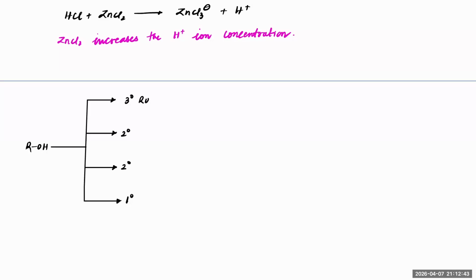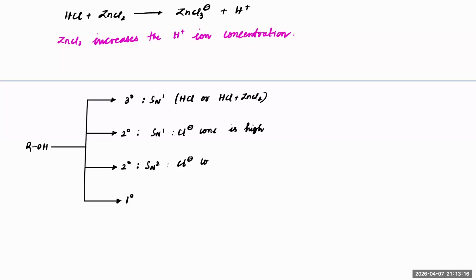If you have 3 degree alcohol, typically an SN1 reaction will happen with HCl, generally catalyzed by ZnCl2. It favors SN1 if Cl minus concentration is high, otherwise it favors SN2 if Cl minus concentration is low.